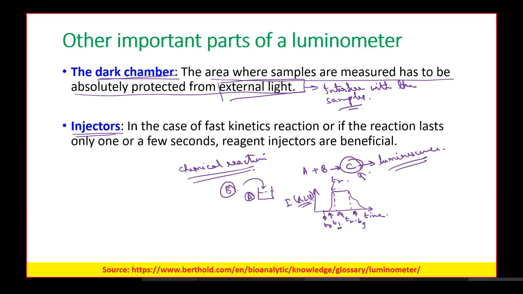That means neither is there production of C nor destruction of C. However, after T3, there is a reduction in the intensity level, and that suggests that the C component is getting destroyed.